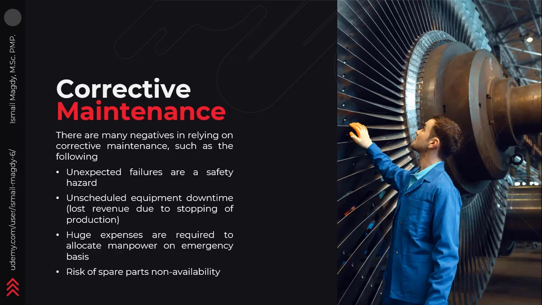All of those reasons make corrective maintenance the least favorable type of maintenance, and our aim in maintenance is to reduce the percentage of corrective maintenance to be as low as possible. And normally, it is not acceptable for any organization to have higher than 20% of the maintenance tasks as corrective maintenance.